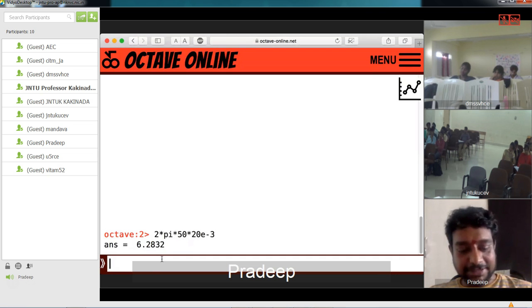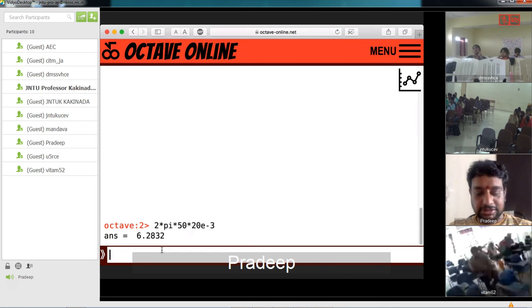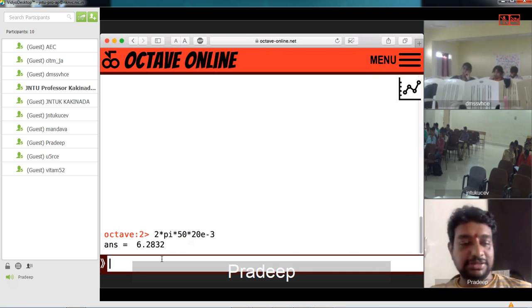Similarly for the capacitor, XC is nothing but 1 divided by 2 into pi into 50 into C, where C is 200 microfarads, so 200 e minus 6. I'm getting 15.9, which I'll approximate.